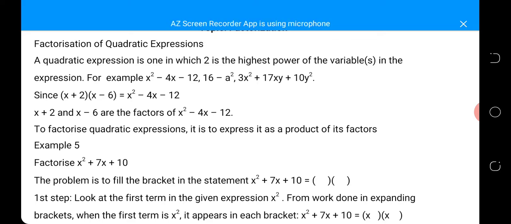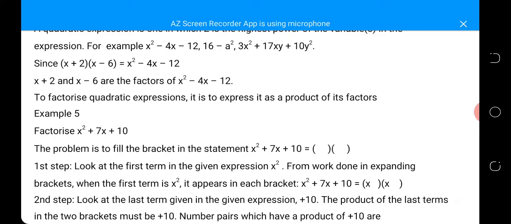To factorize a quadratic expression is to express it as a product of its factors. Now let us see how we can factorize quadratic expressions.